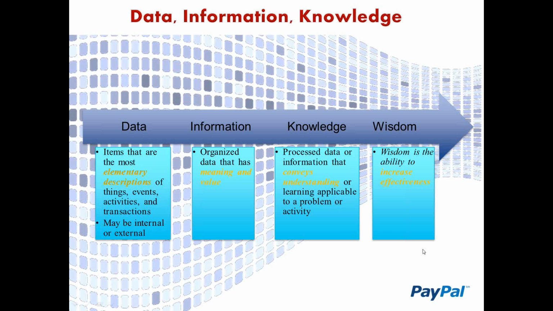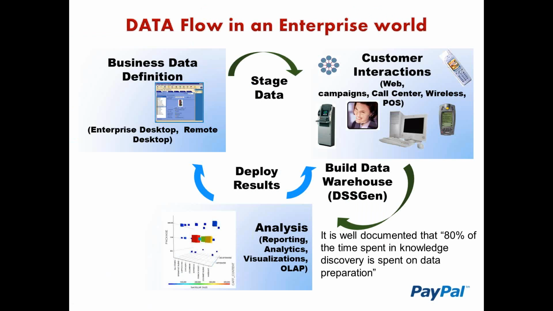Now let's take a typical example, a corporate world or any organization for that matter. There's a three-fold view here. If you go to the left corner, which talks about the business data definition, a data source is getting emitted or generated to the end users, to the customers.